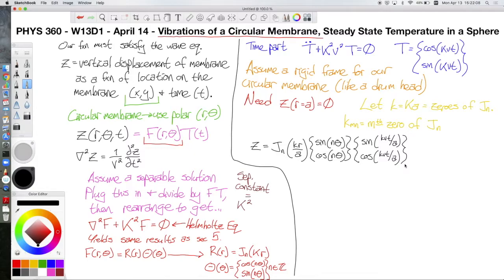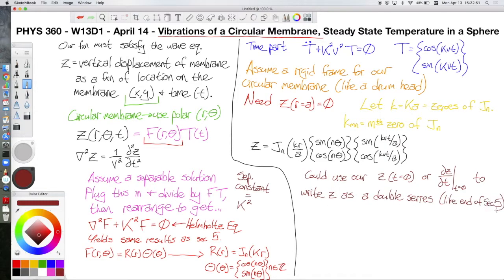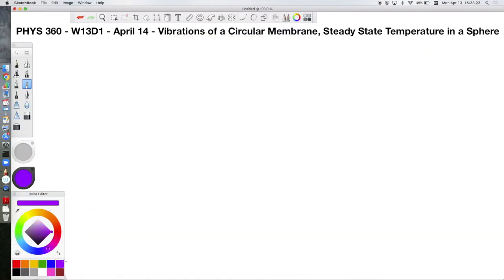To do this, we would follow a similar process to the very end of section 5, the part that was not covered in the video. But this is a fairly complicated problem, and I want to do something different this time around. Let's study instead the normal modes and vibrations of this membrane.